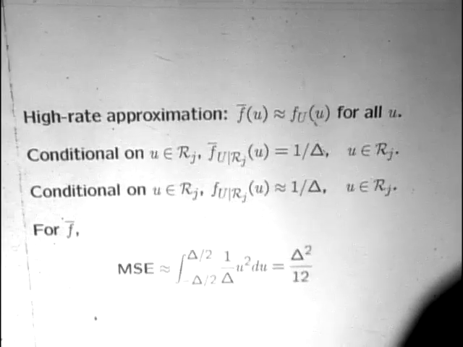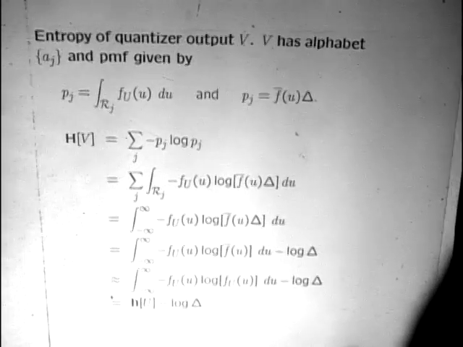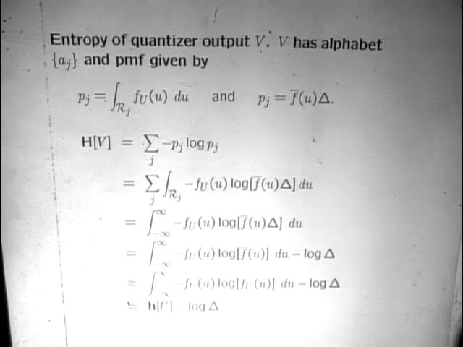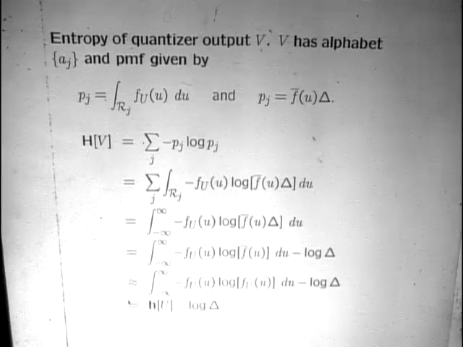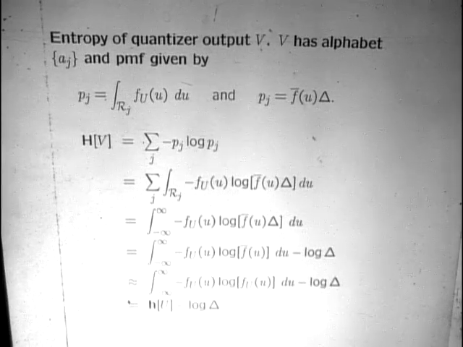You're stuck with it. Next question is, what is the entropy of the quantizer output? I'm sorry, I'm giving a typical MIT lecture today, which people have characterized as a fire hose. And it's because I want to get done with this material today.